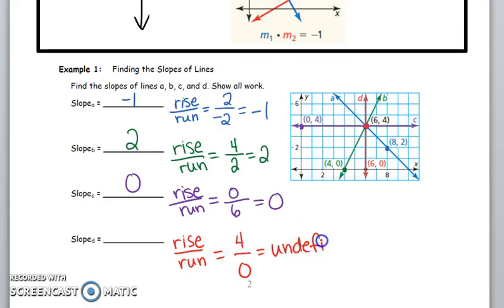That means that the value of the slope actually is undefined. So the way we can write that is undefined. You can abbreviate that as undef with a little period, or you could write DNE, and that stands for does not exist. We can never divide by 0, so vertical lines always have an undefined slope.